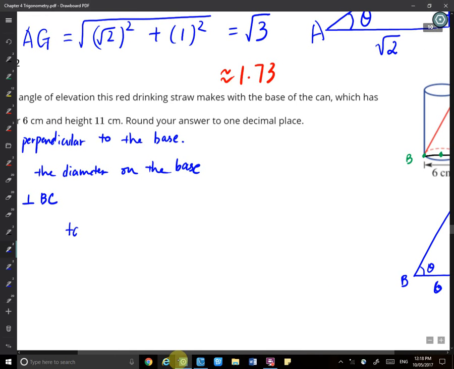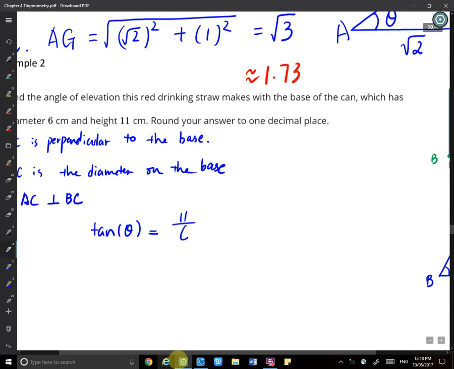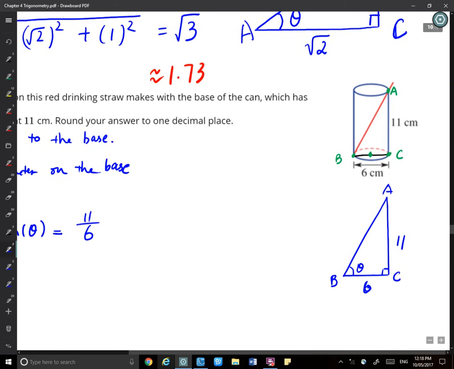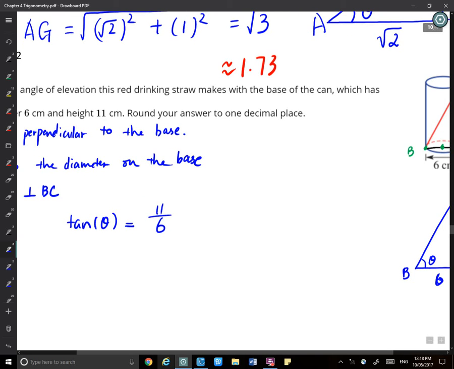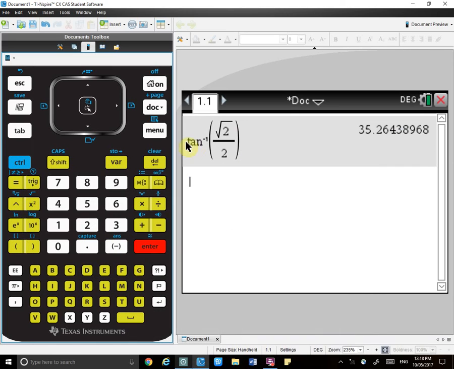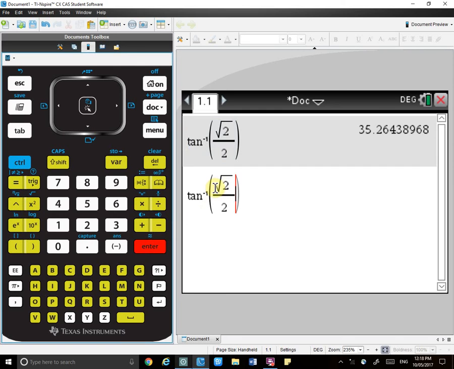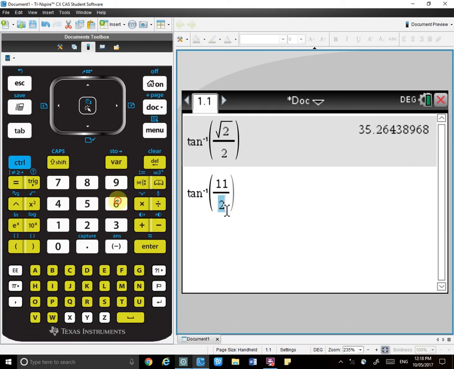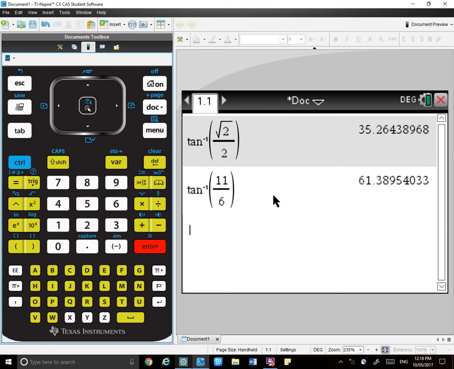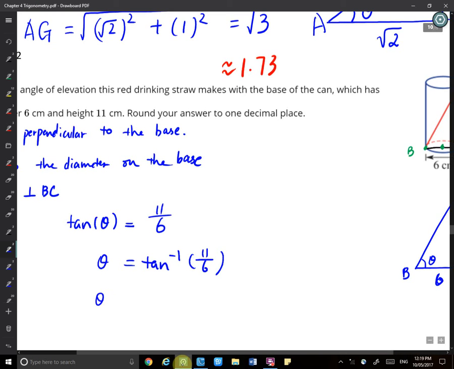So what I will have is tangent theta equals 11/6. We don't know the hypotenuse, so that must be tangent. So theta equals tangent inverse of 11/6. Tangent inverse of 11/6, control and enter. 61.39 degrees.